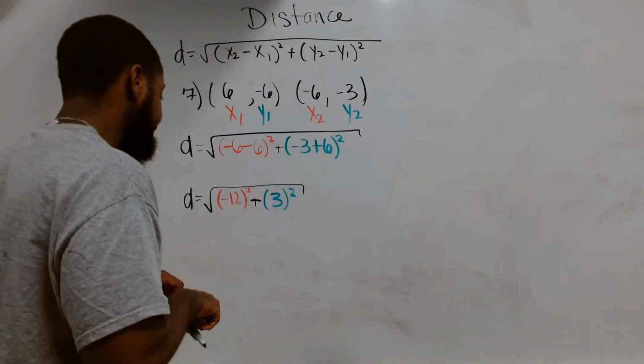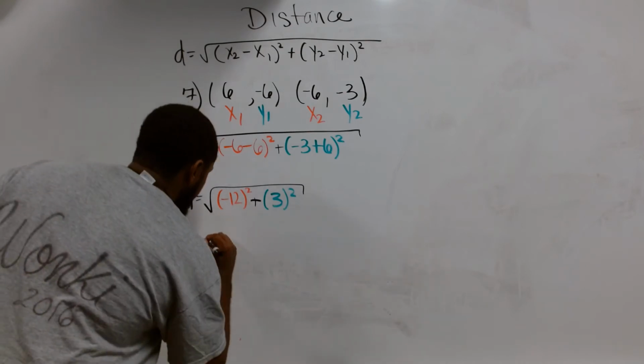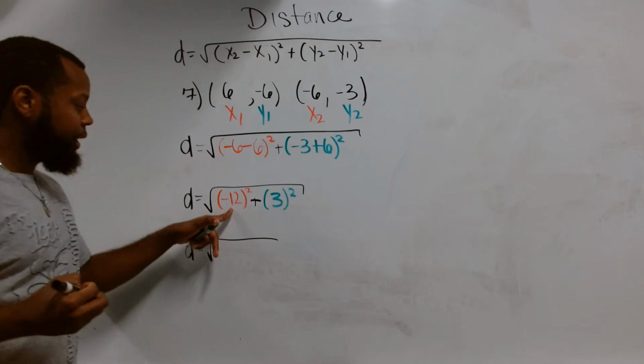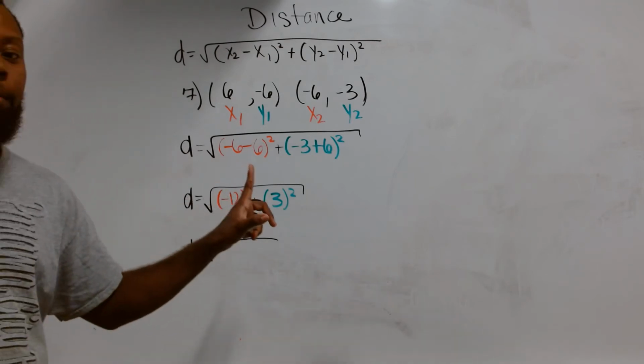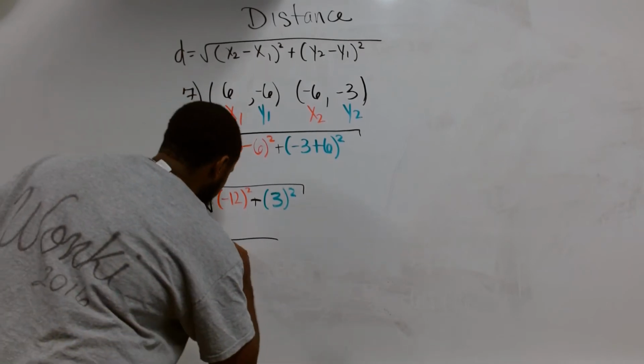Now, let's go ahead and solve this. We're going to have the distance is equal to the square root of 12 squared, which is the same as saying 12 times 12, which is 144.